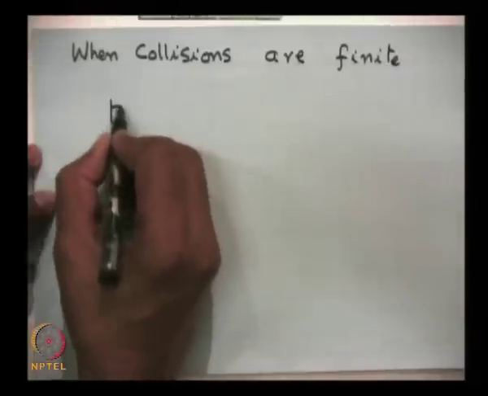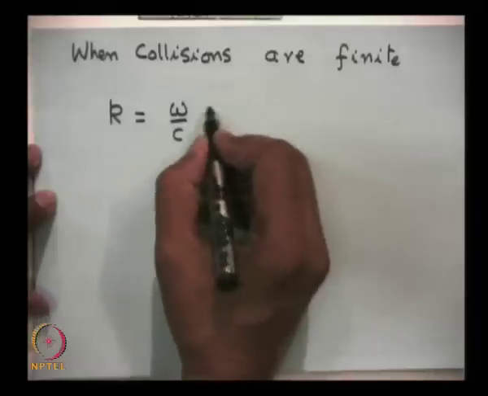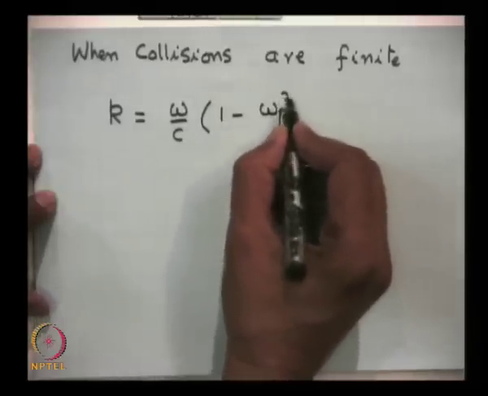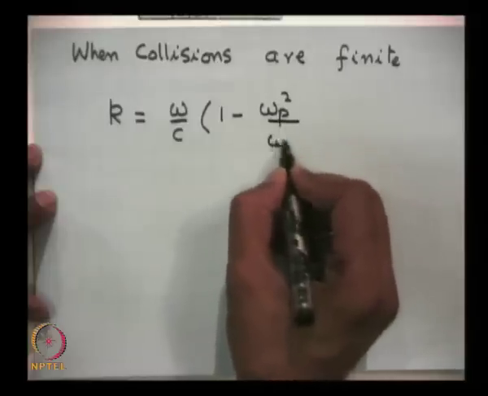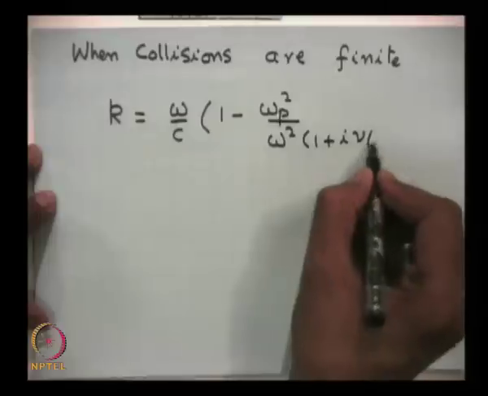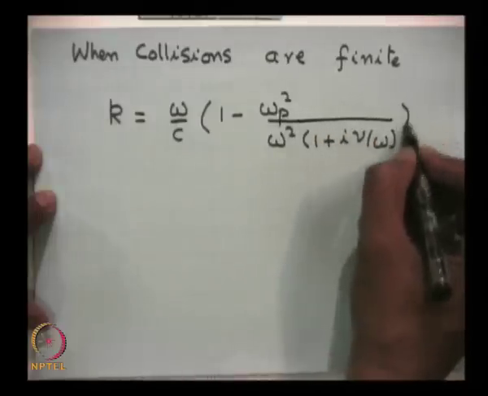Your k is equal to omega by c into 1 minus omega p square upon omega square 1 plus i nu by omega to the power half.